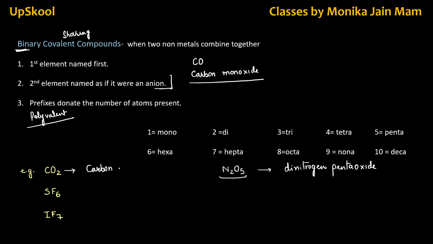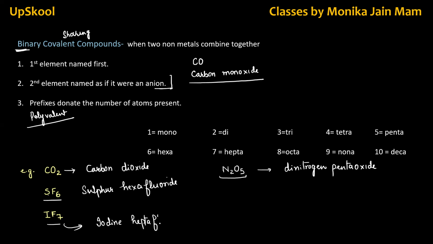Now, how to name it? Carbon dioxide. How to name it? The first element, sulfur. How many fluorine? 6. Hexa. Fluoride. So if it is assumed it is an anion, it will end with ide, fluoride. So can you write down this name? Yes, it is iodine heptafluoride.